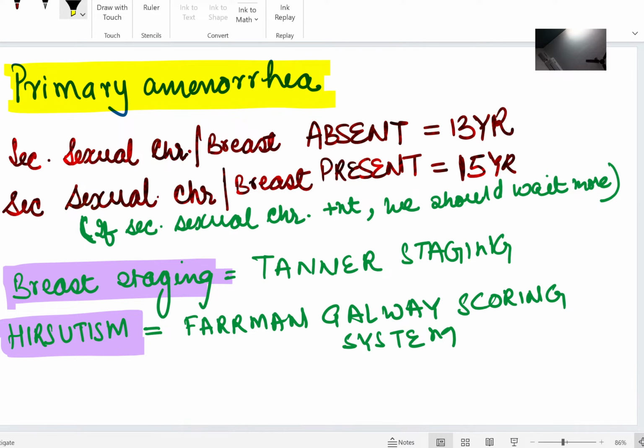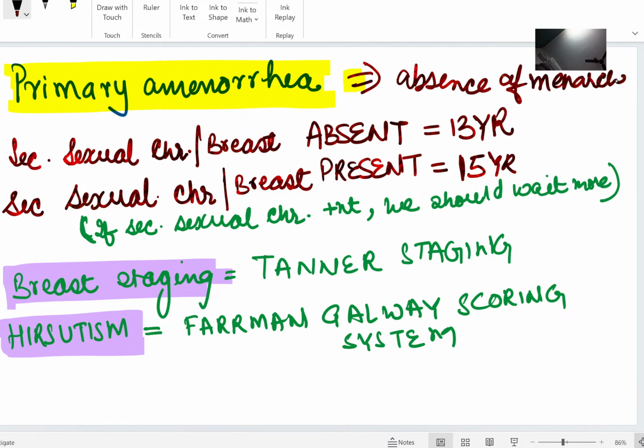Primary amenorrhea is absence of menarche.